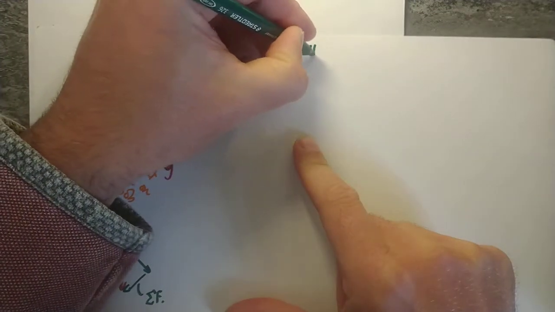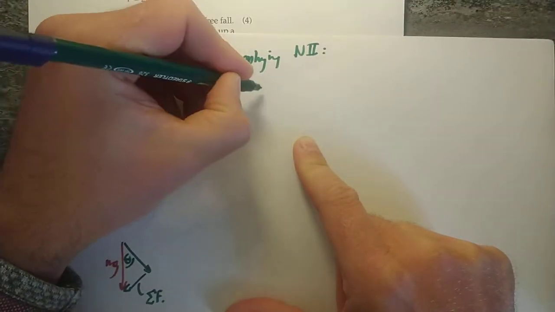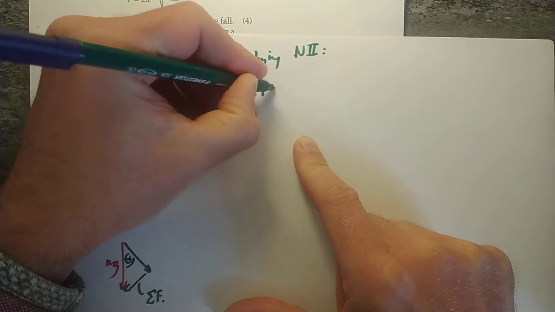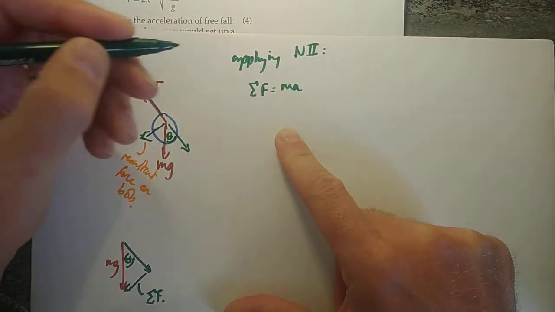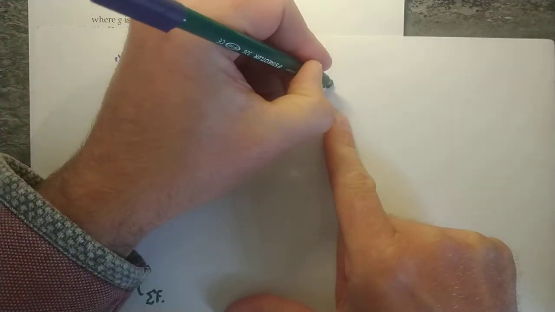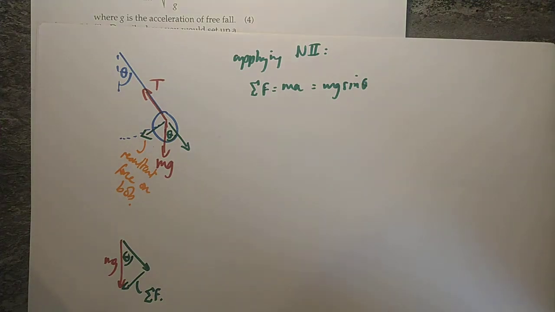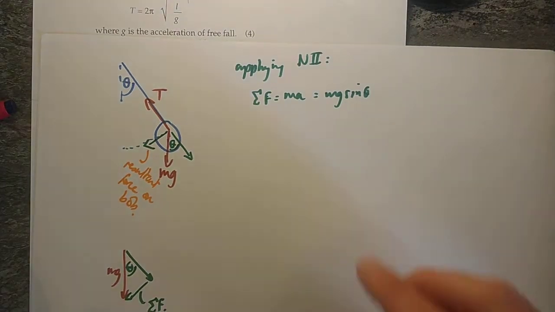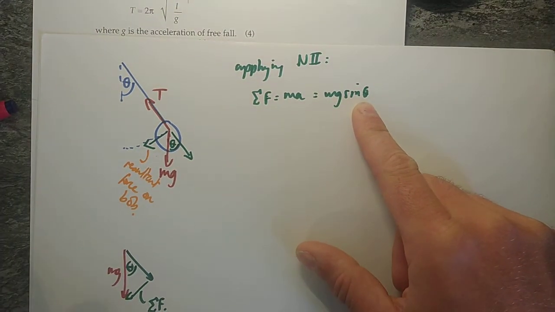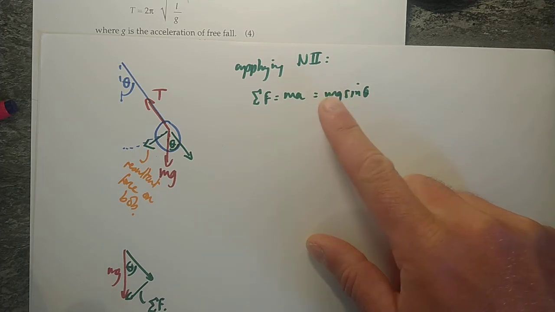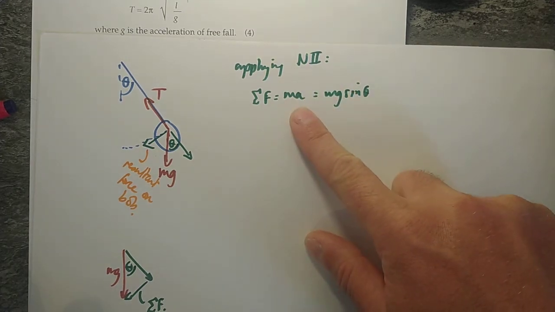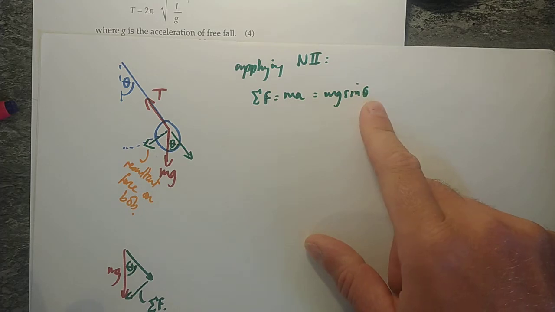Applying Newton's second law, resultant force equals ma, which is equal to mg sine theta. So we have this equation here with the sine in it. The sine in that is really not very helpful because for simple harmonic motion, acceleration must be directly proportional to displacement. So we need to get rid of that sine there.